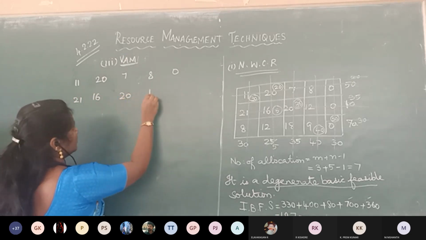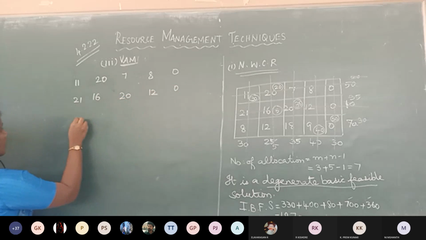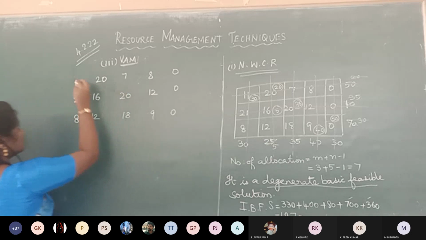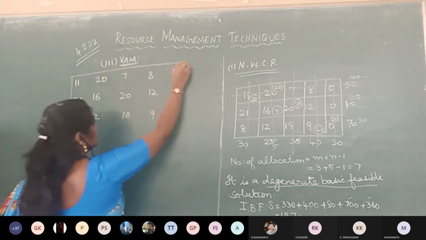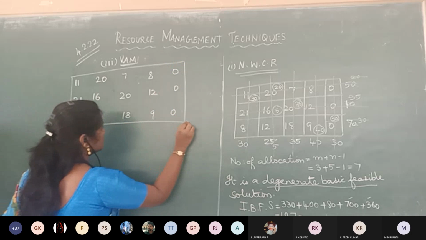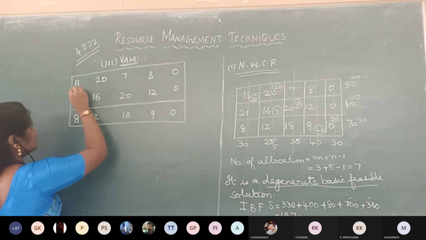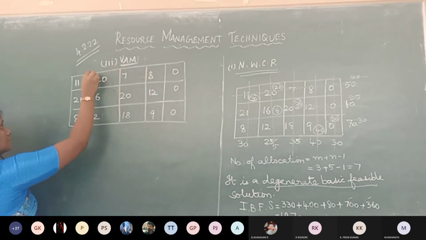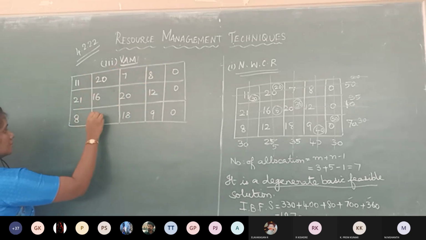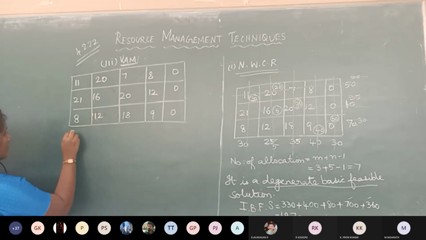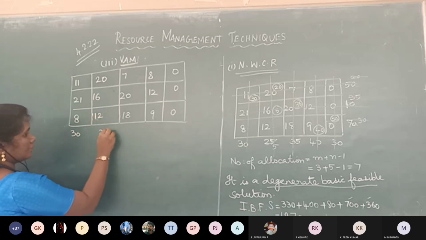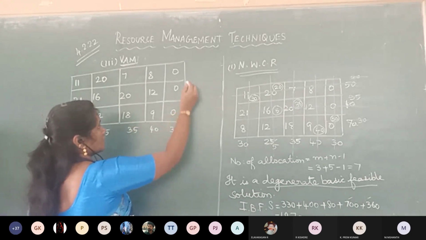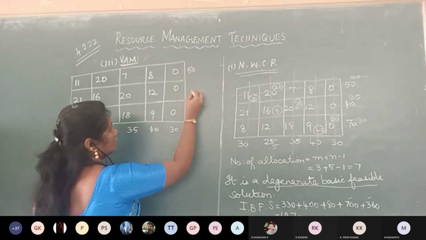The costs are 20, 12, 8, 12, 18, 9, and the values are 30, 25, 35, 40, 50, 40.